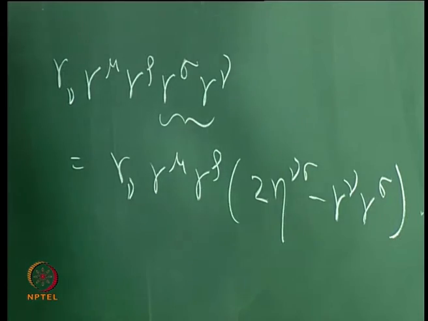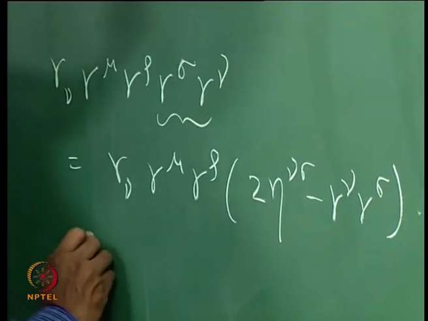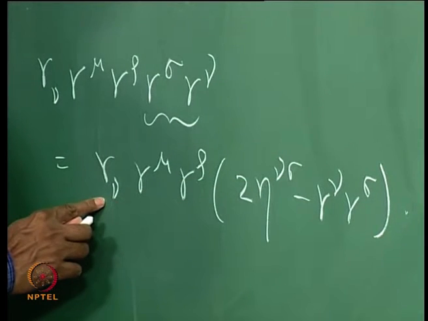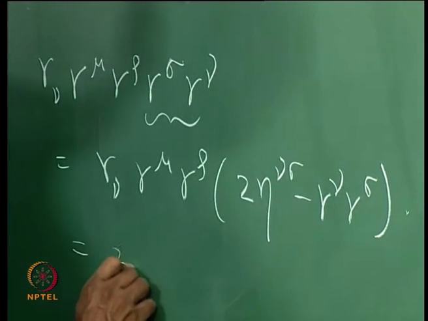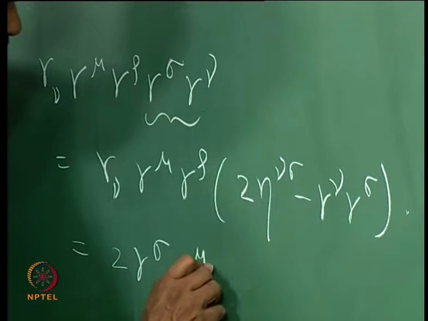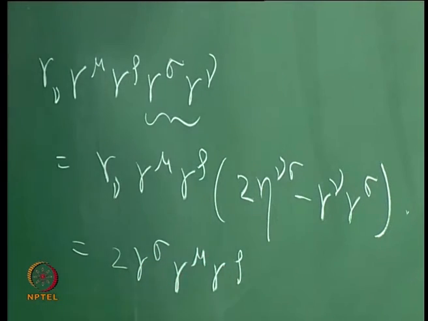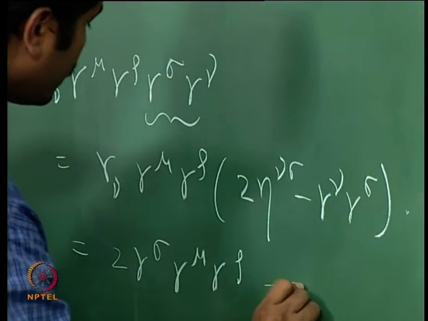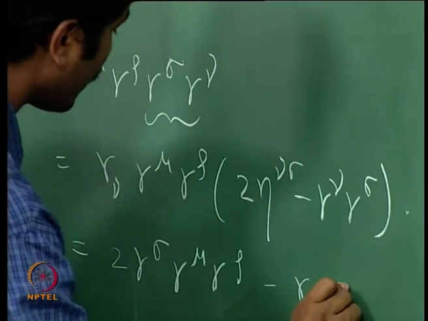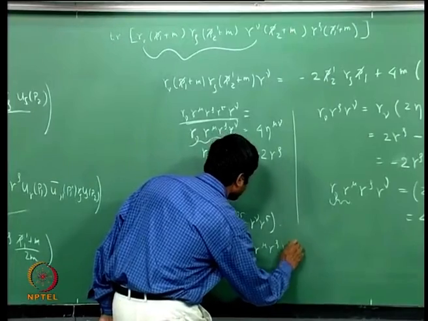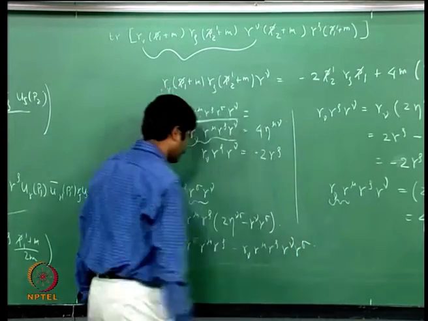All right. Now, what is the first term? This eta nu sigma can be contracted with this to give twice gamma sigma gamma mu gamma rho, the first term, and the second term is minus gamma nu gamma mu gamma rho gamma nu gamma sigma.